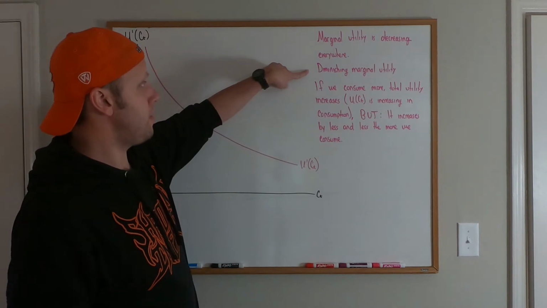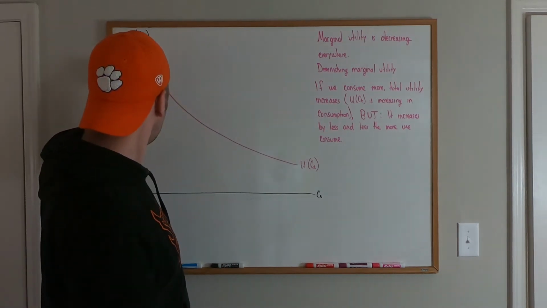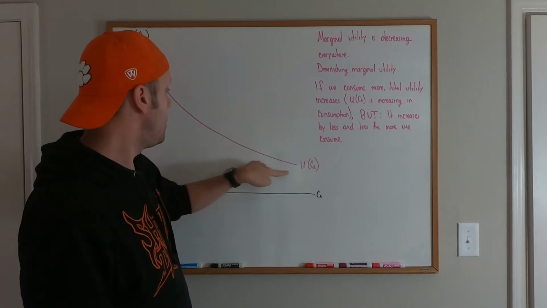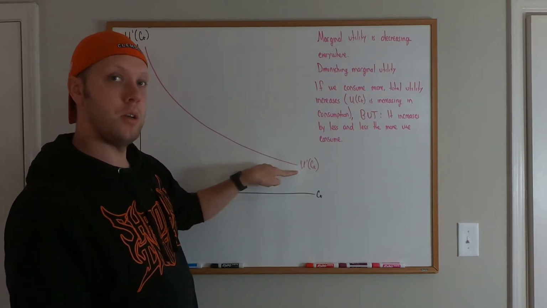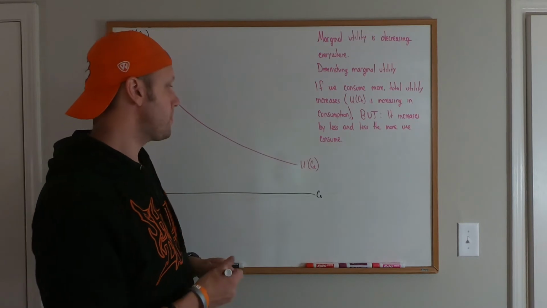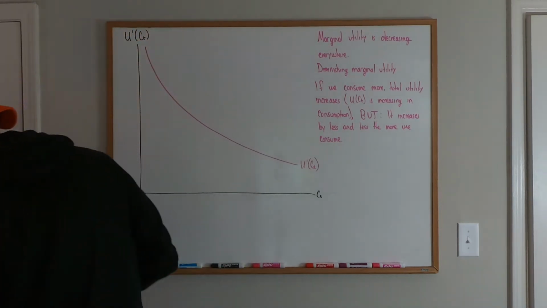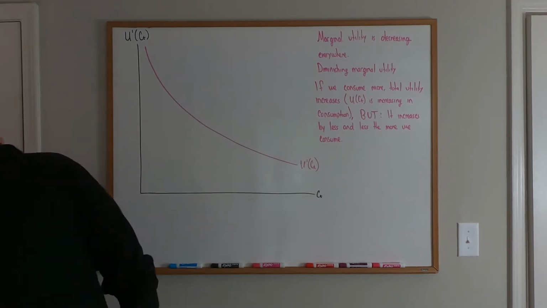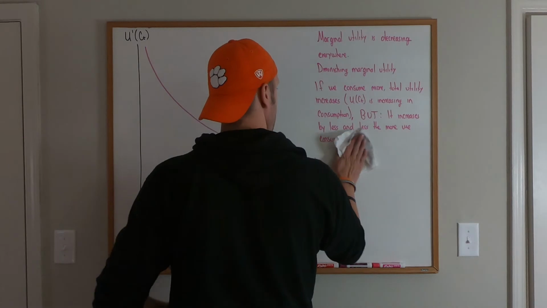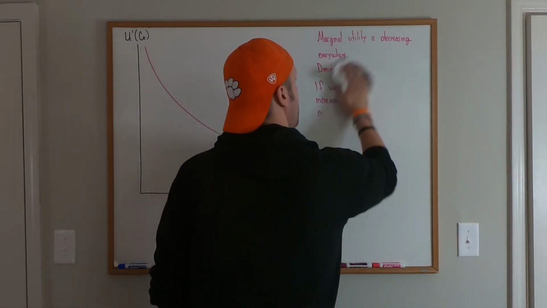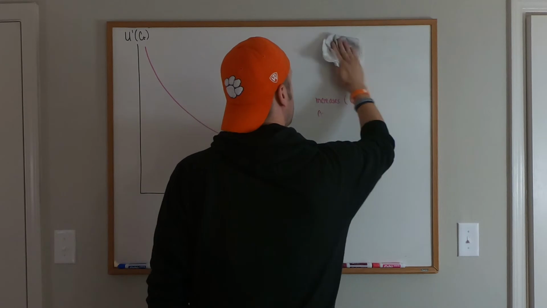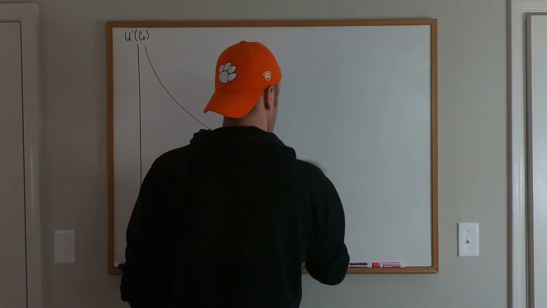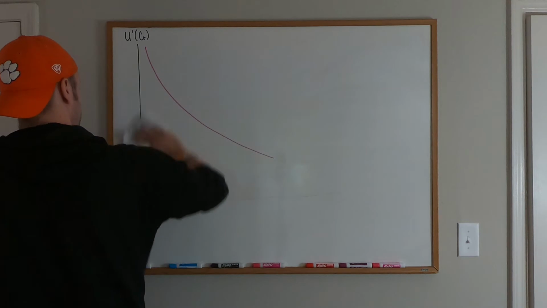Which gives me the concept of diminishing marginal utility, meaning the more I consume, the less, on the margin, utility is increasing. So utility is increasing everywhere, but it's increasing at a decreasing rate.